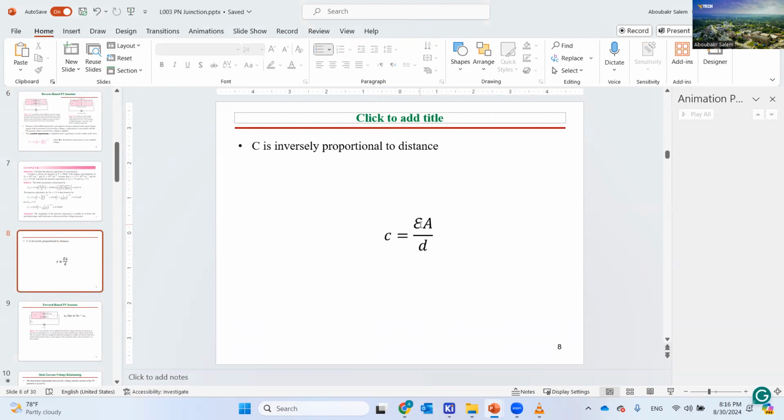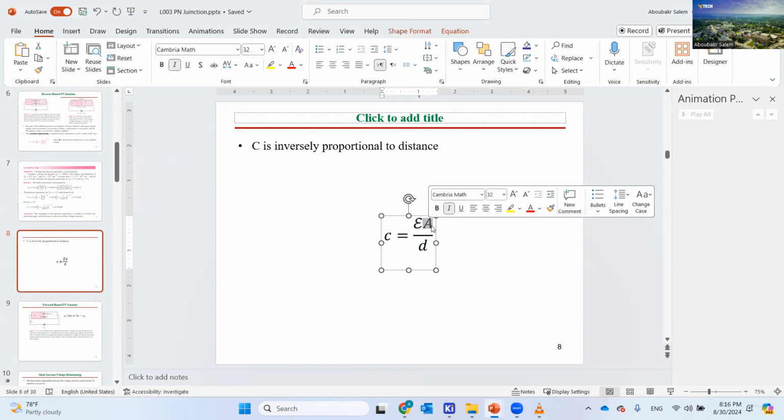Actually, we have two different epsilons. If you remember this in electrical circuits, guys, epsilon node times epsilon R, the absolute and the relative permittivity, times A. A is the area of the plate of the capacitor, the positive plate and negative plate, and D is the distance between the two plates, or let's say the thickness of the dielectric material.